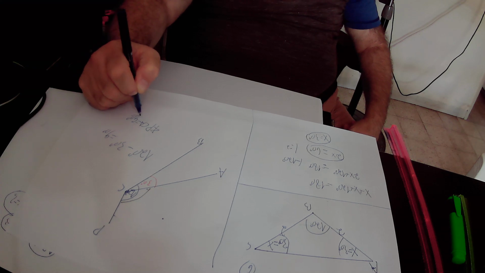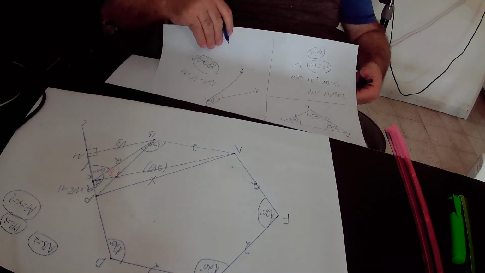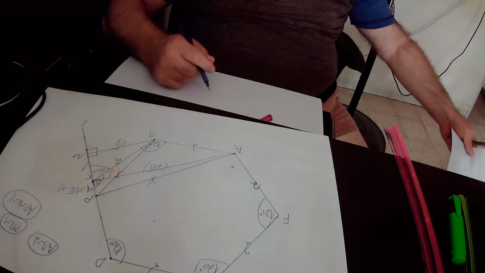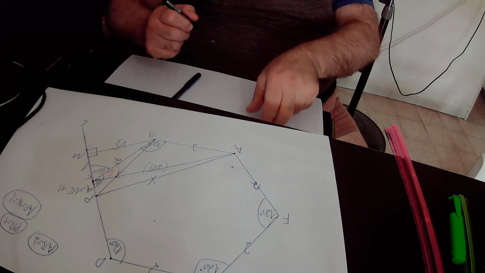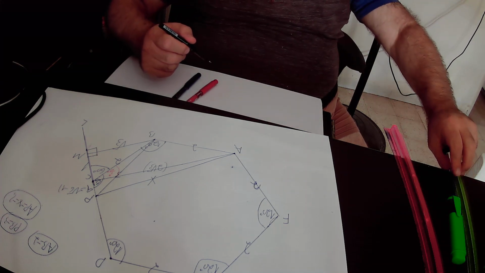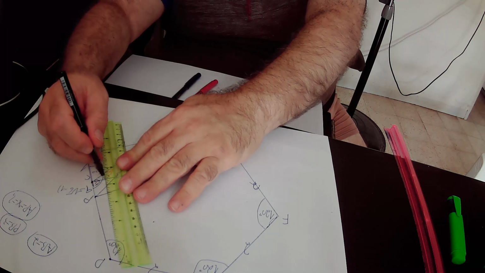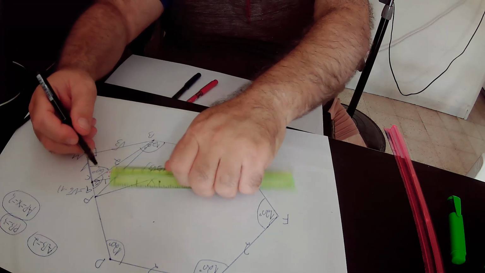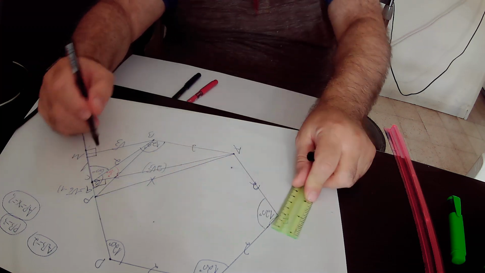Okay, so we can write down here that this angle, angle PCA, is a right angle, it is equal to 90 degrees.